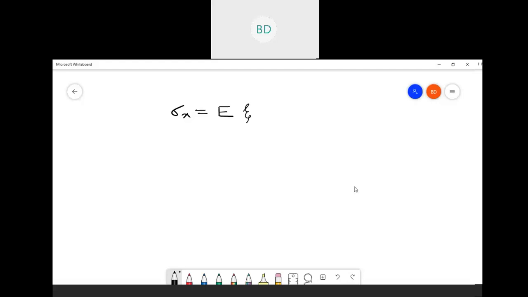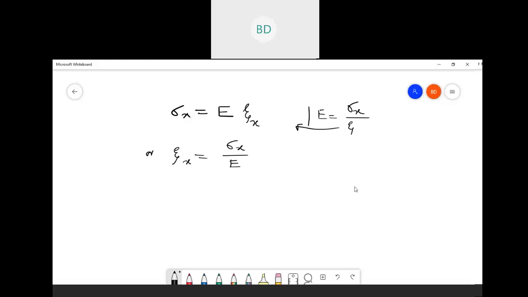Because you know that Young's modulus E is equal to stress by strain. So from here I have written this. Or I can write, strain in x direction. So you can have an equation like this. Okay, so this is clear.